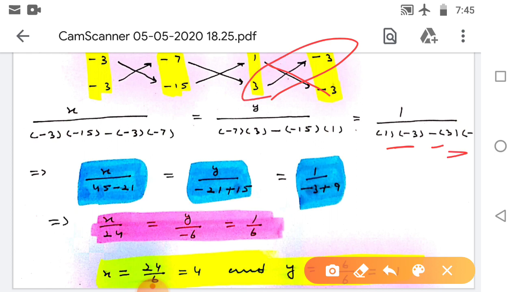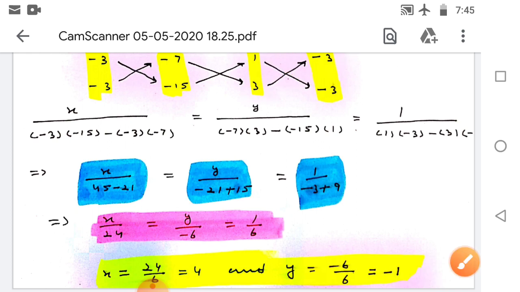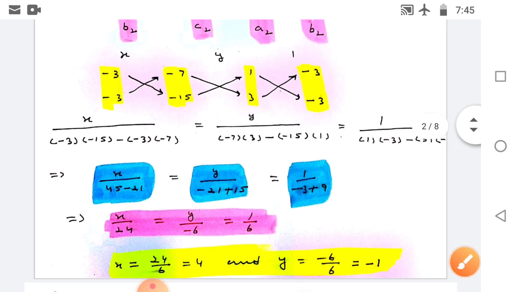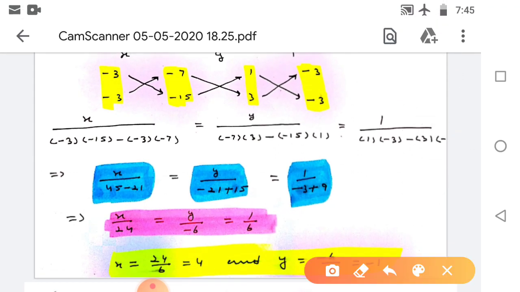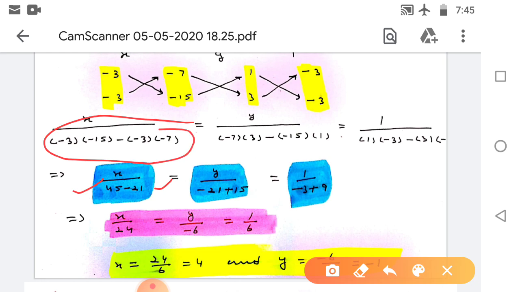Clear? So now you can solve. That is x upon 45 minus 21, y upon minus 21 plus 15, and 1 upon minus 3 plus 9 when we solve this. Clear? That is 3 into minus 3 plus 9.